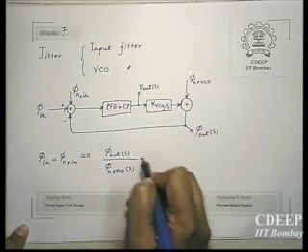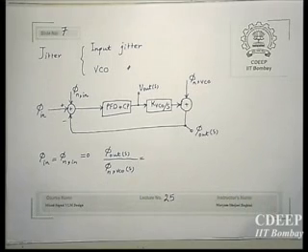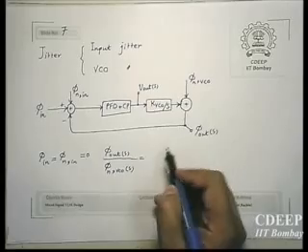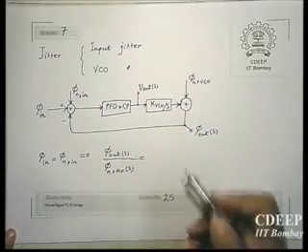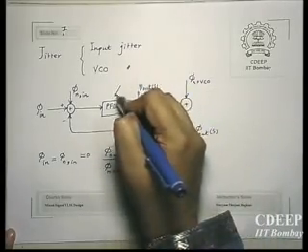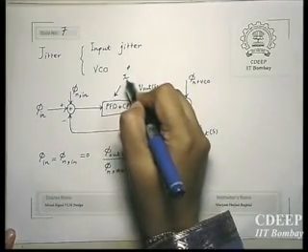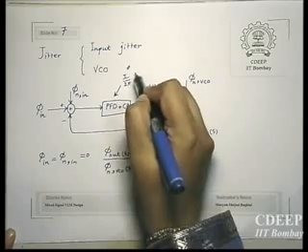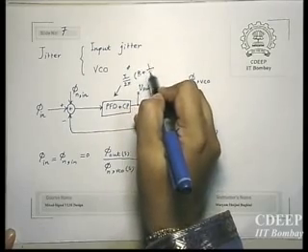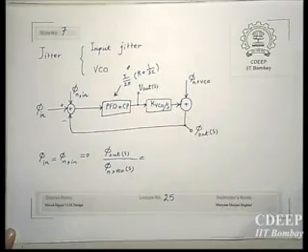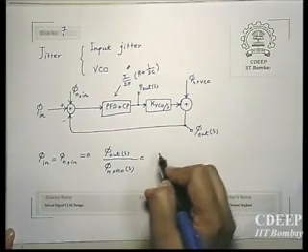This transfer function is different. So, for example, for the charge pump, it was I upon 2 pi, R plus 1 upon SC. So, we replace.